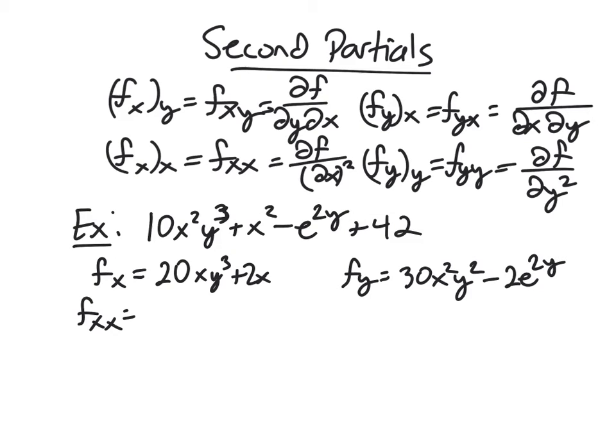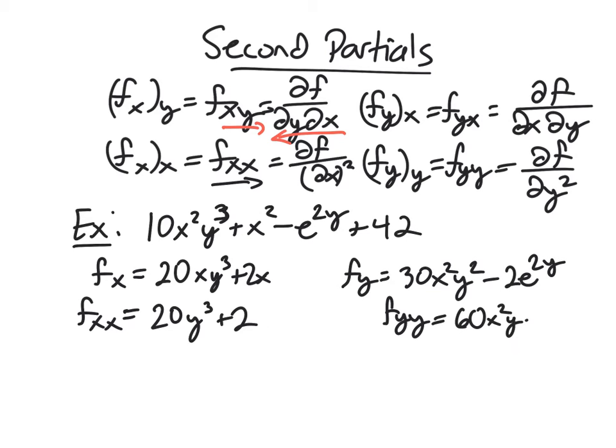And by the way, notice on the notation here that these go left to right, but then the del notation works right to left because function composition works right to left. So notice up here that we have like xy, but then this goes back as xy, so it looks like yx. Just something to point out. So this one, we're going to get 20y cubed plus 2. Fyy is going to be 60x squared y minus 4e to the 2y.